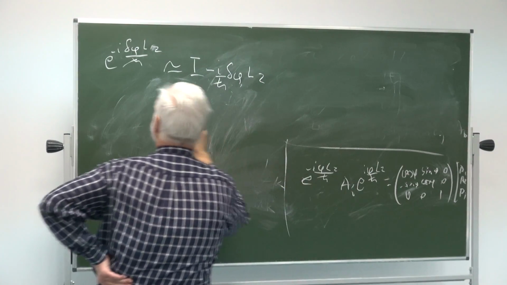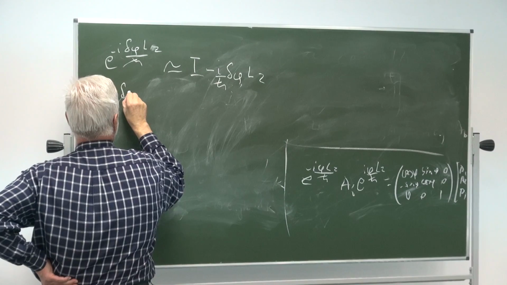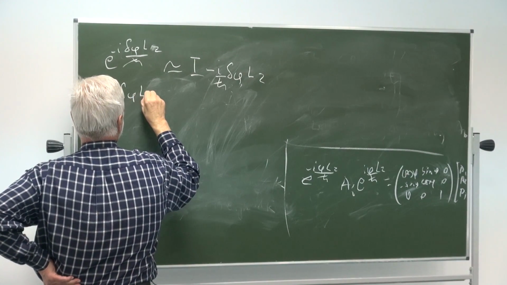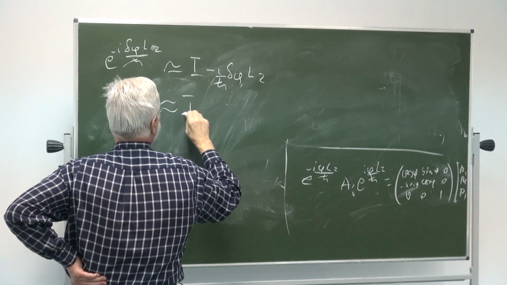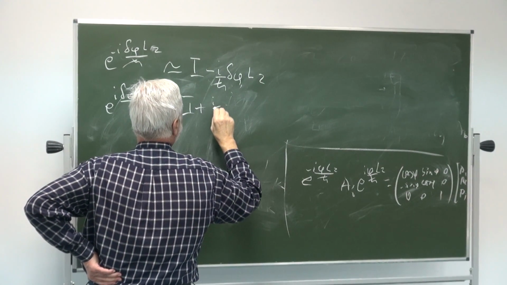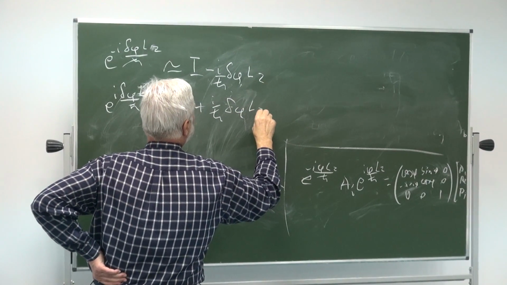So the other guy, e to the i delta phi Lz over h bar, likewise I can write as 1 plus i over h bar delta phi times Lz.